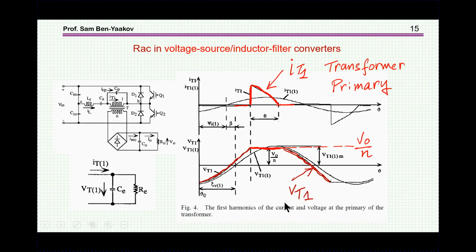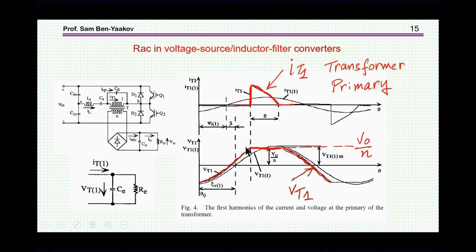Let's first of all see the rationale of how to deal with this question. If we have this converter and we have a capacitor, and this capacitor is connected through a rectifier to another capacitor, then obviously the voltage at the primary will go up, charge this capacitor, until it reaches the reflected output voltage here.